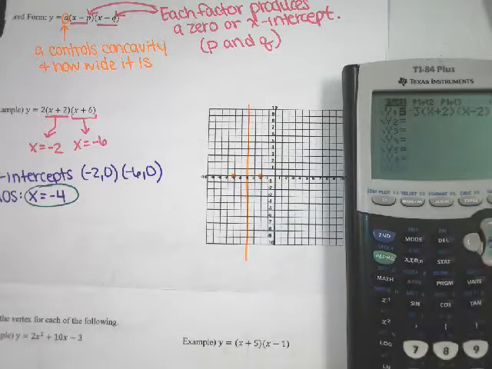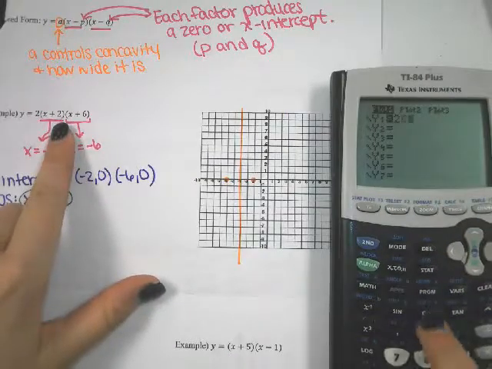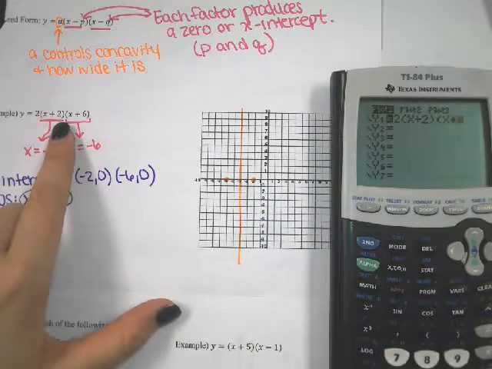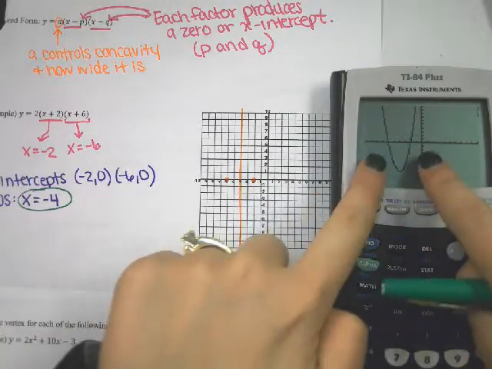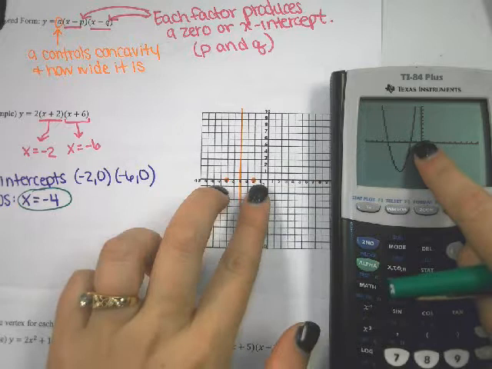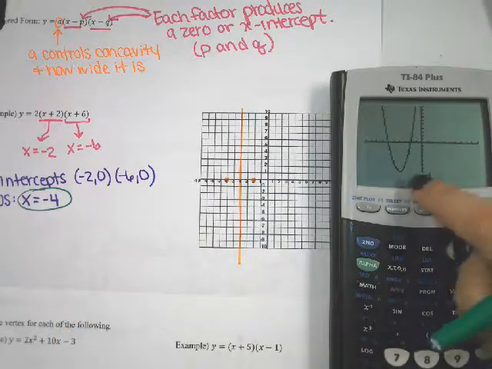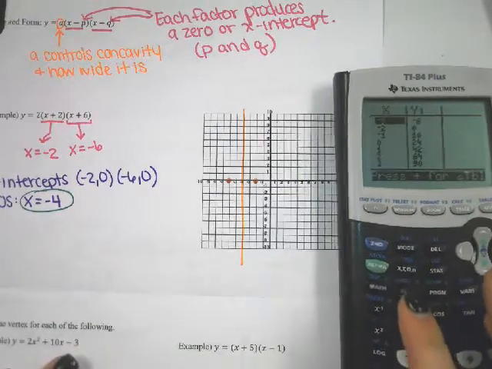I'm going to go to y equals and type in my function: two parentheses, x plus 2, and x plus 6, and graph it. We can see that we are crossing the x-axis at the 2 points that we thought, -2 and -6, and in our table, we should be able to plot a couple additional points.